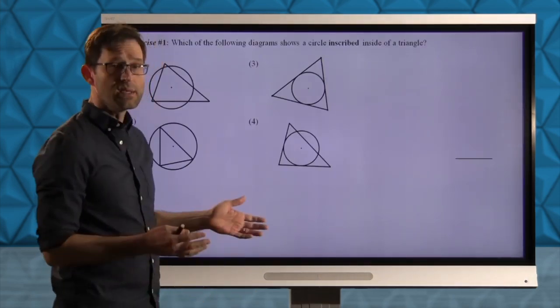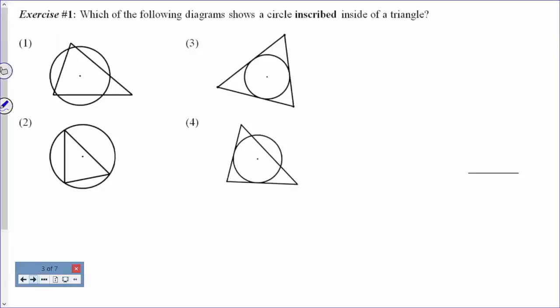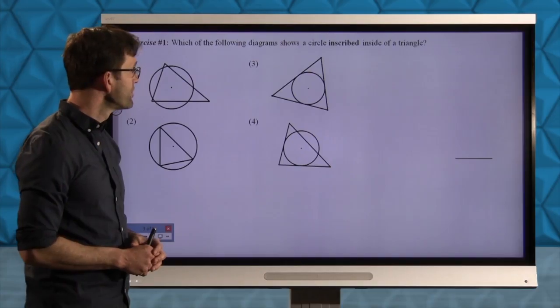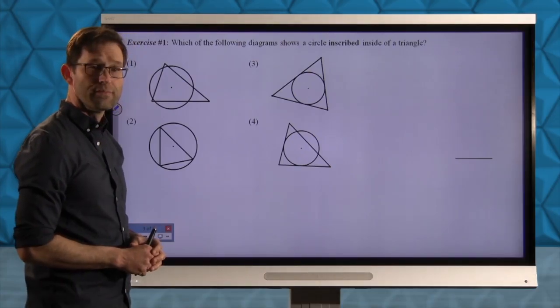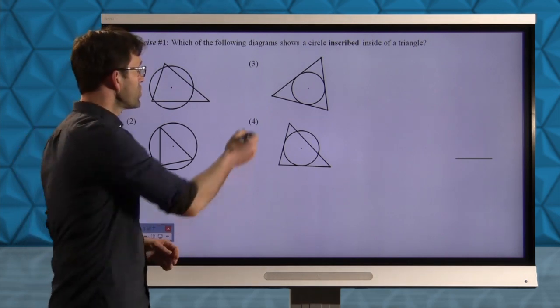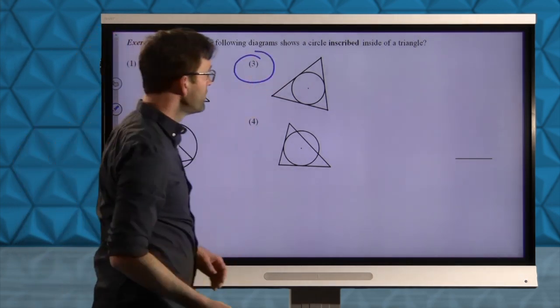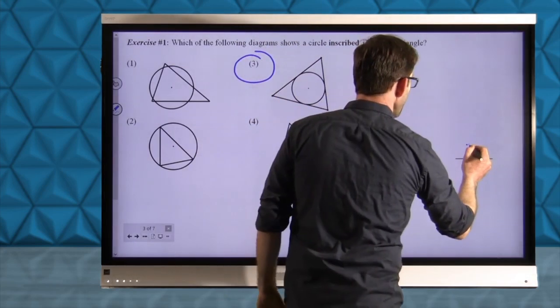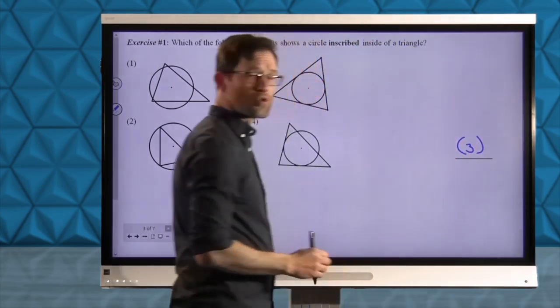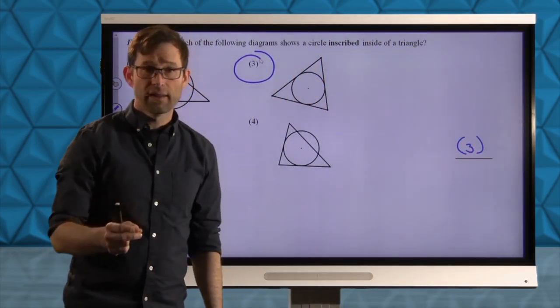Easy problem first. Which of the following diagrams shows a circle inscribed inside of a triangle? This should be pretty easy. Choice 3. The idea here is that when a circle is inscribed inside of a triangle, it must lie entirely inside of the triangle.